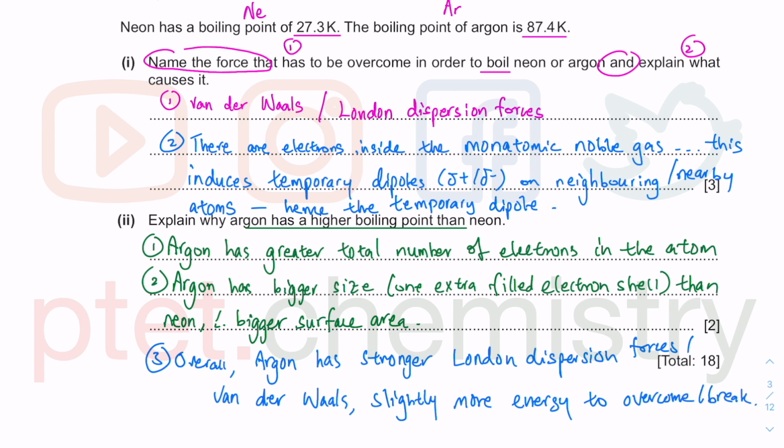It just comes down to which one has a greater total number of electrons, as well as which one has a bigger surface area. And that's the end of the 8-mark question there.